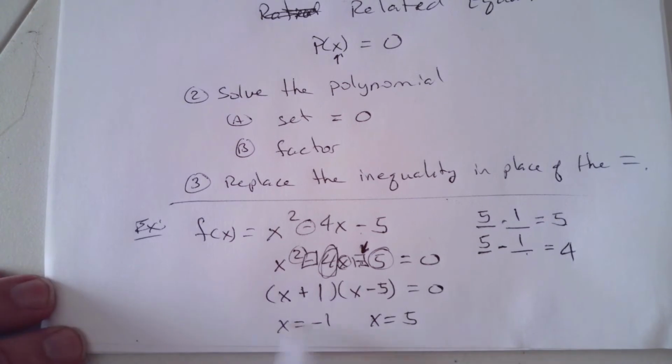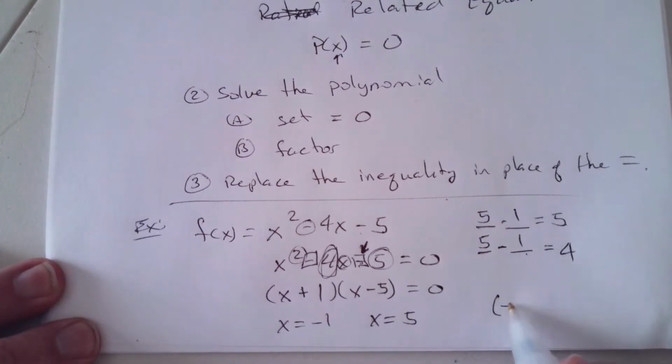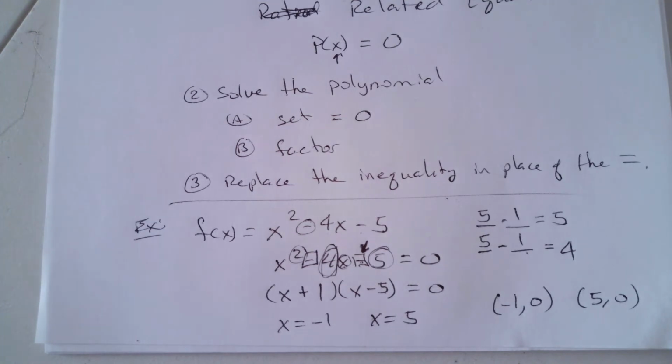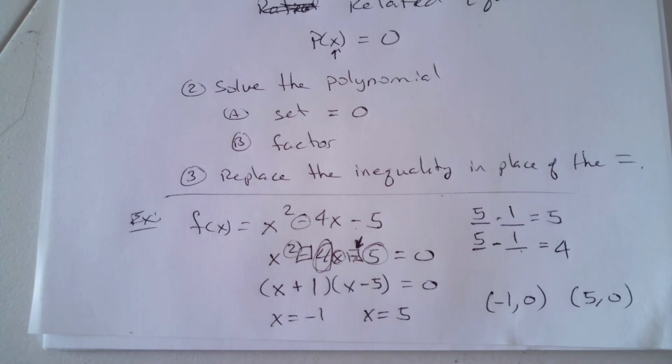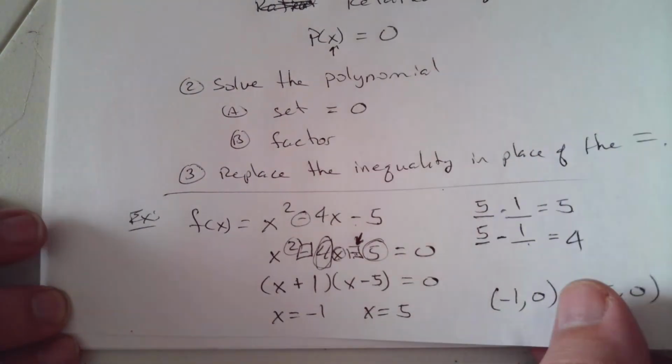We get these 2 points, the intercepts. So we say our first intercept is at -1, 0, and the second one's at 5, 0. All right, so that's the important part. We have to understand that when we find the intercepts, that creates a distinct series of numbers.